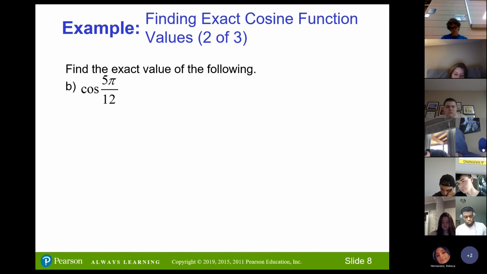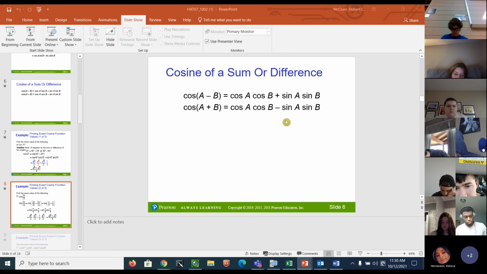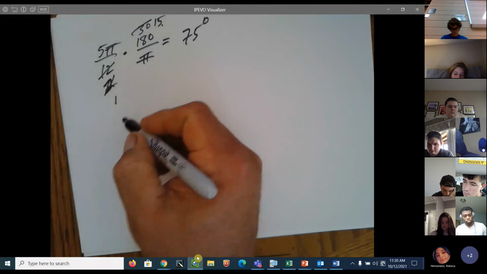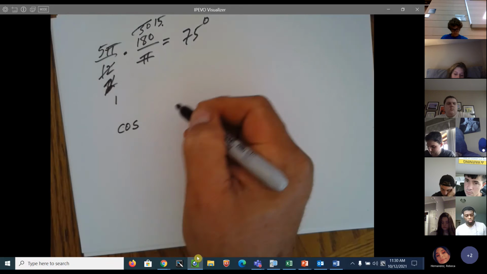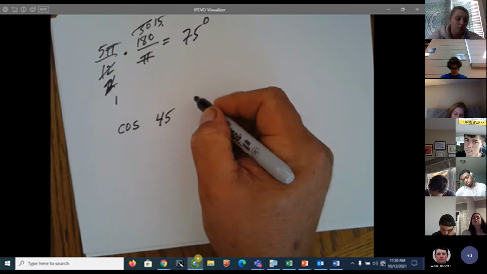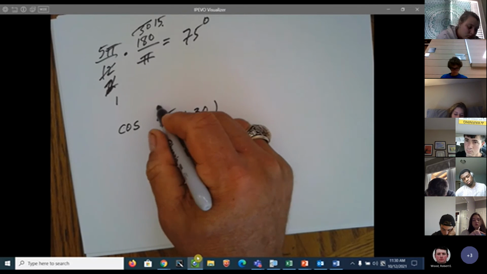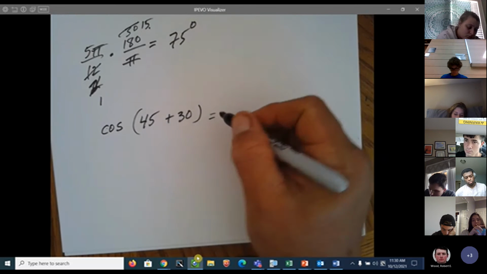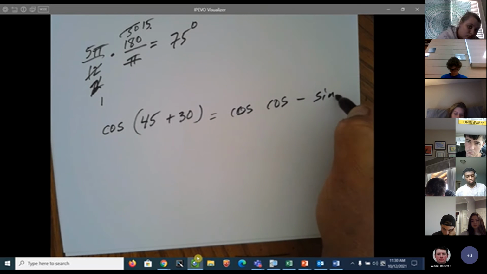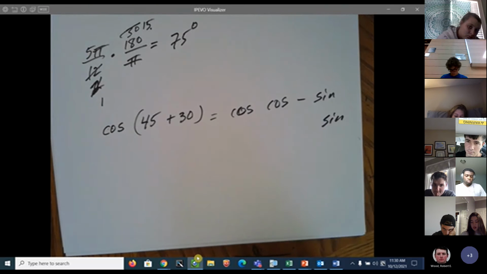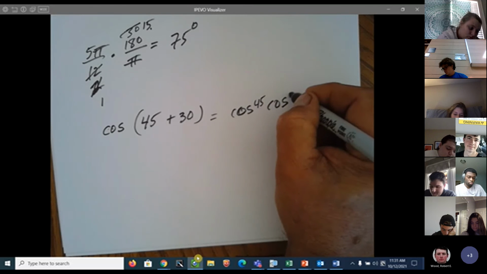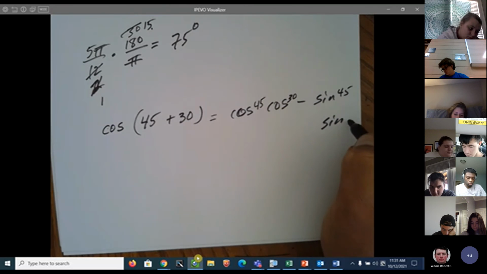So that's what I'm going to do right here, because I know that cosine of 45 plus 30 is going to be equal to cos cos minus sine sine. 45, 30, 45, 30.